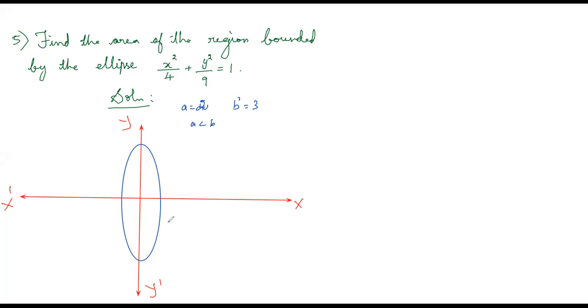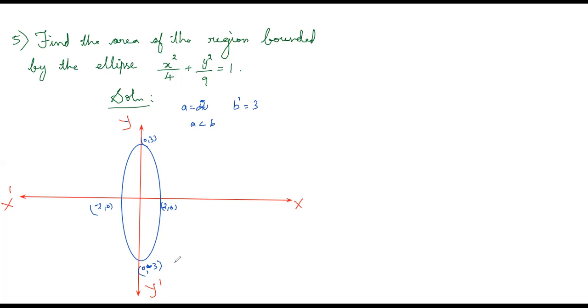Now the points are 2 comma 0, and minus 2 comma 0. And along the major axis, 0 comma 3 and 0 comma minus 3.